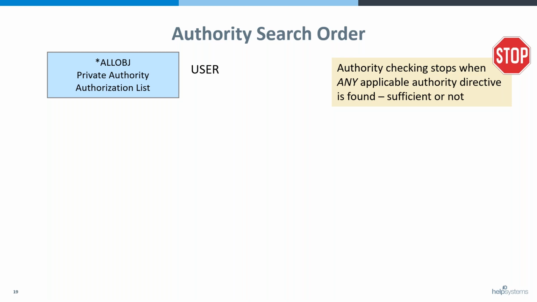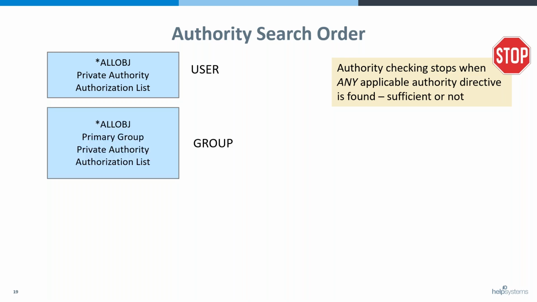If we've made it this far and we do not yet know how much permission this user should have, we're going to keep going. Now we're going to check to see if the user belongs to a group. We're going to test, if that's the case, whether the group has all object special authority. That's important because, as I said earlier, we will inherit any and all special authorities that belong to any and all of the groups.